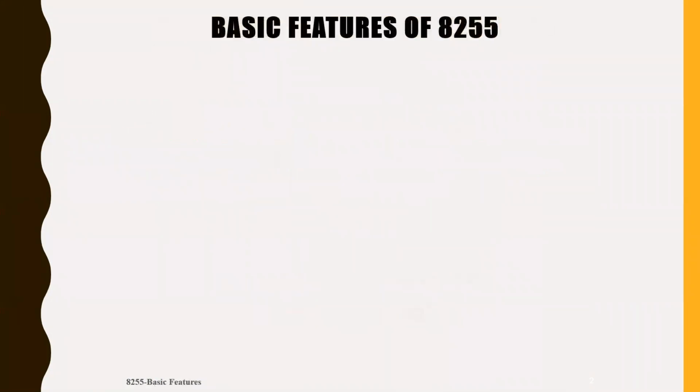Let's summarize these two lectures. 8255 is a programmable I/O interfacing device. As I told you earlier, the microprocessor cannot directly exchange data with peripheral devices like the input device keyboard, output device monitor, and the bidirectional device pen drive.